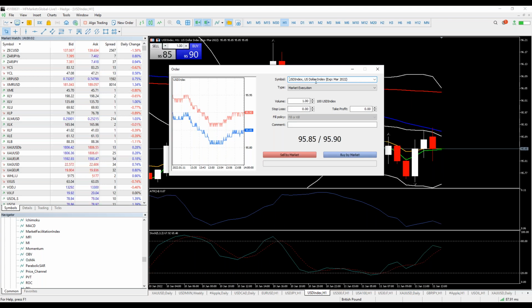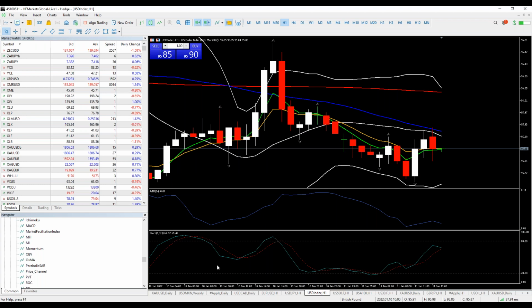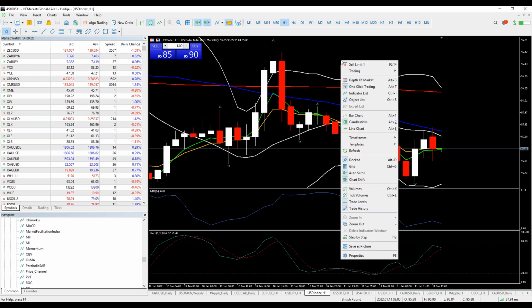But how you can set a trailing stop is, open your position with a stop loss and a target, okay? Are you with me? Open the position. Once you do, go to your trades, right click on it and click modify. If you click modify, you can see that there is the option of having a trailing stop.